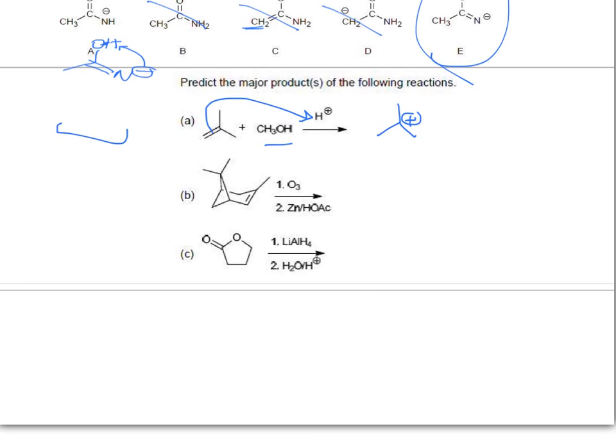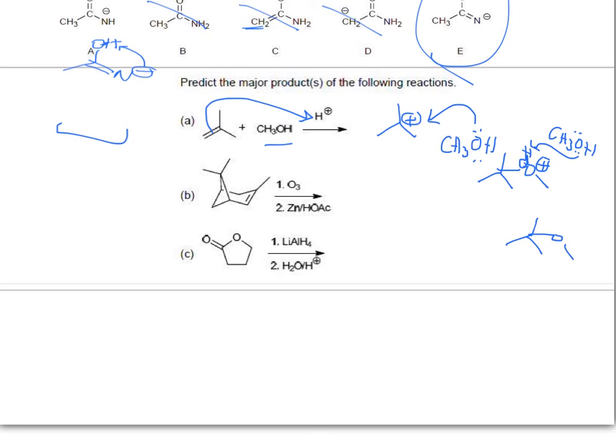Your nucleophile here is methanol, so CH3OH. You have your lone pair of electrons that's going to attack, and an ether is going to get generated. It will remain protonated first, and then another methanol molecule or whatever is your solvent can come in, pick up that proton, and you end up with the ether.